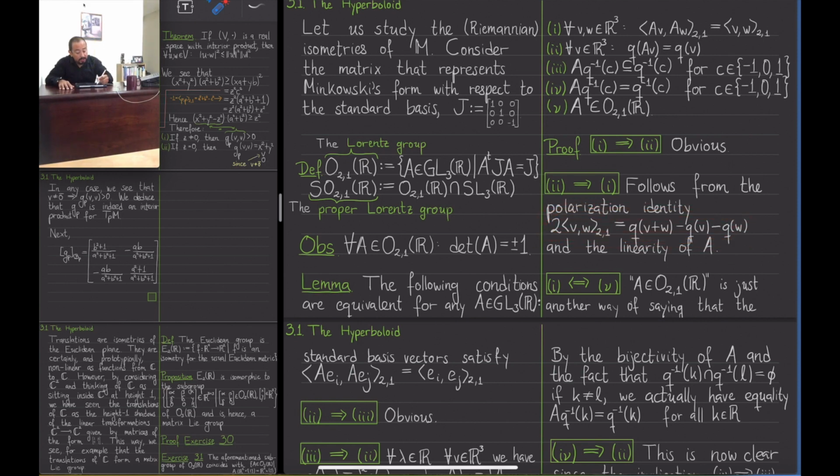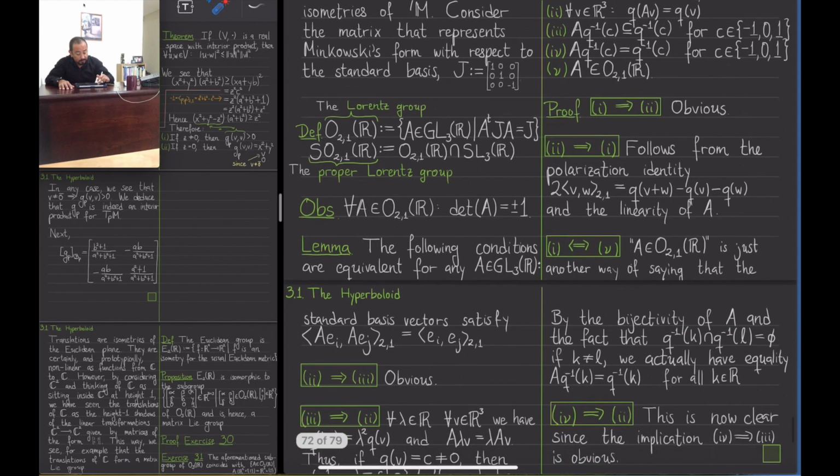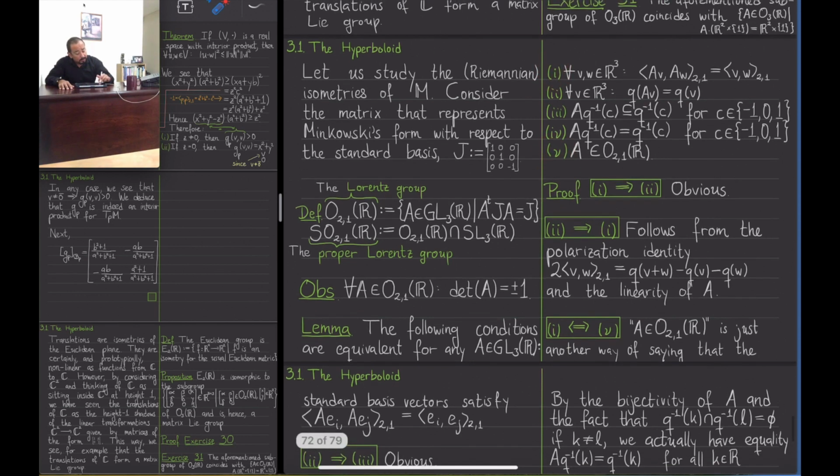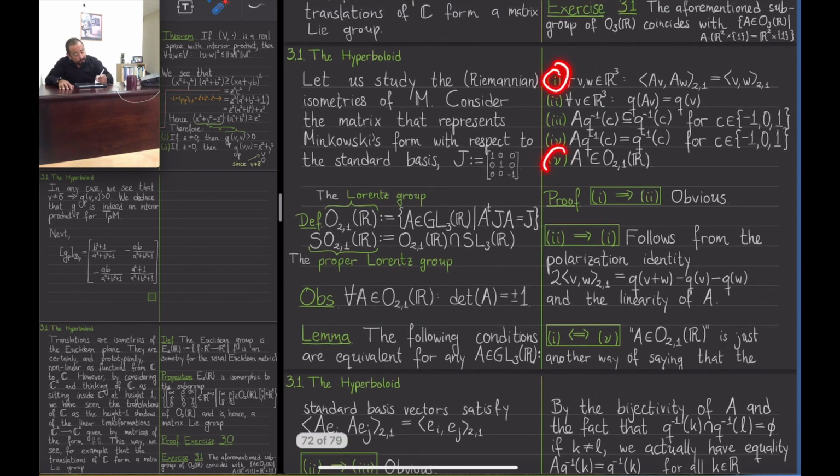Okay, 1 if and only if 4. Well, 1 implies 4 is obvious because the entries here are precisely the values of Minkowski's form at the pairs of standard basis elements.